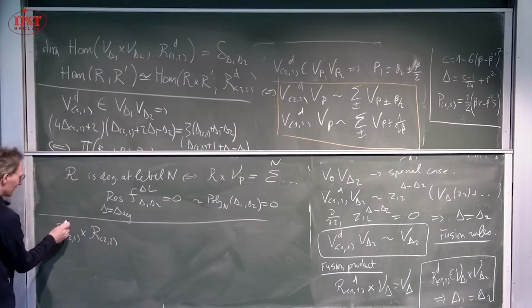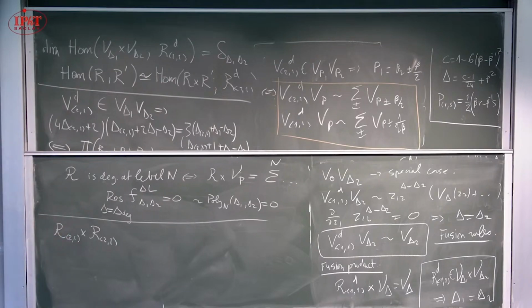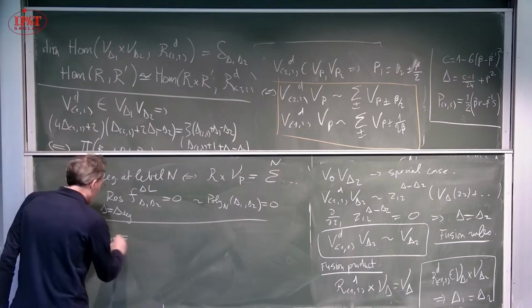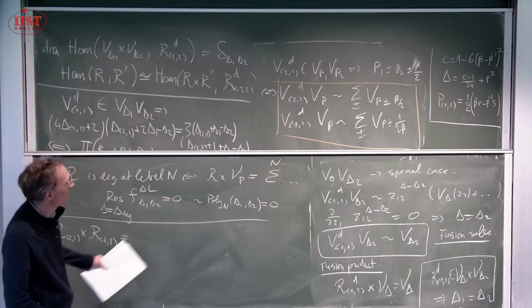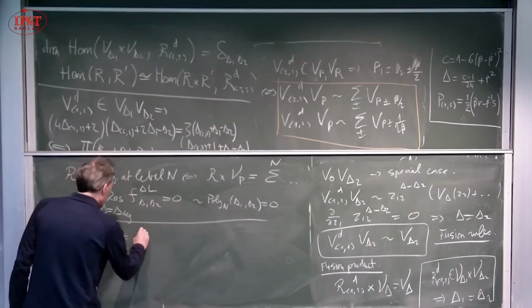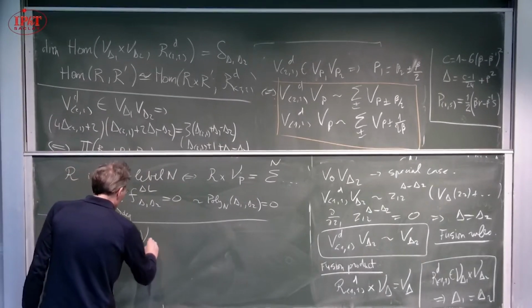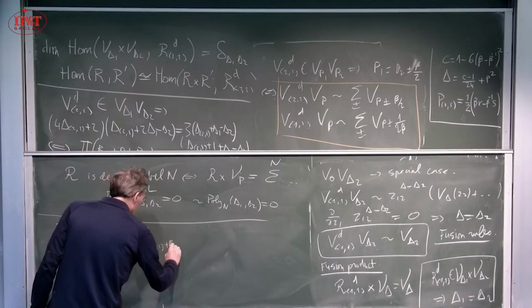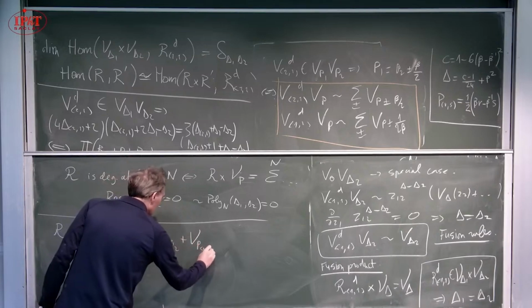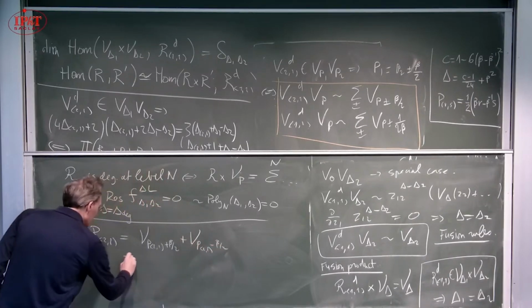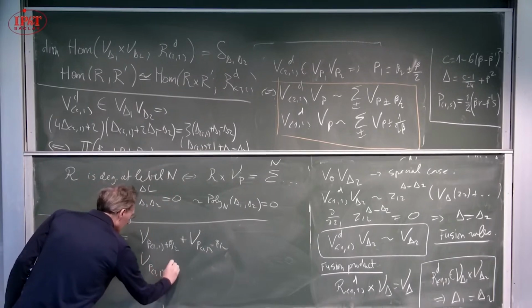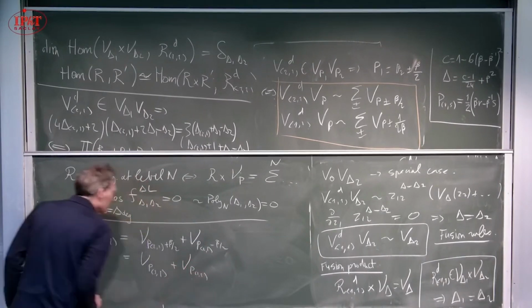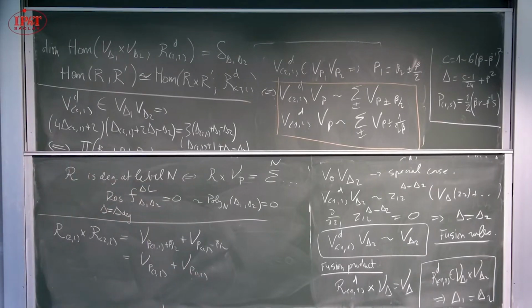I'm omitting the superscript D. First, by applying this fusion rule, what we expect are two representations whose momenta are P21 plus beta over 2 and P21 minus beta over 2, which is the same as P31 and P11. Now the question is whether these are Verma modules or degenerate representations.